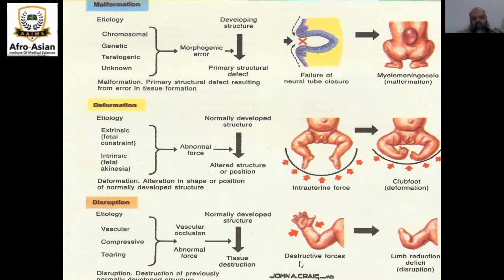Those destructive forces can occur, and once there is destruction at the wrist, it can even end up with limb reduction deficit, as we can find in amniotic band syndrome, which can amputate it. So that is one of the destructive forces.